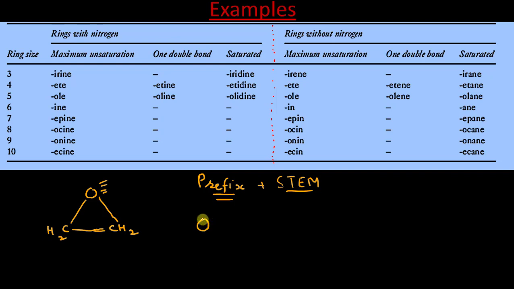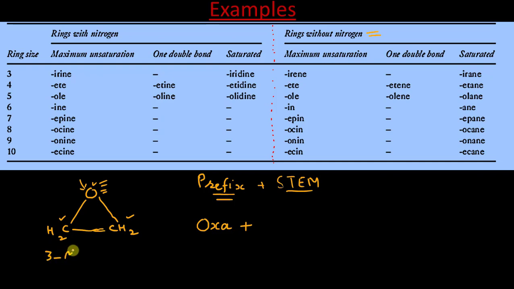So I will write prefix oxa. The second part that is left is the stem. Now look, is the heteroatom nitrogen or not? It is oxygen. If it is oxygen, we will concentrate on this part of the table. Now see, this is a 1, 2, 3 membered ring.